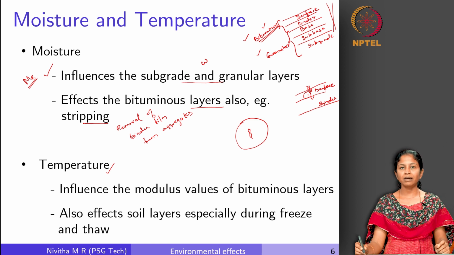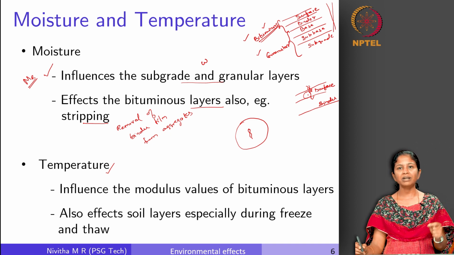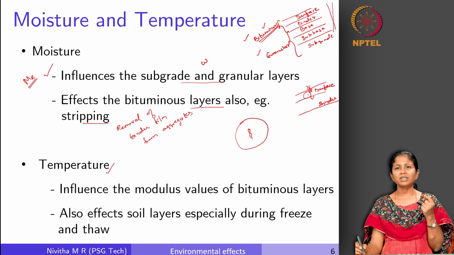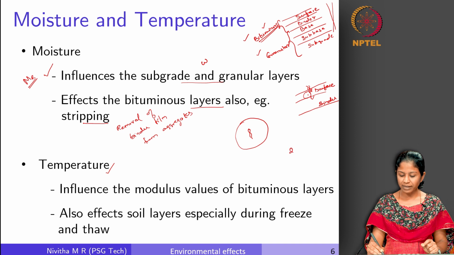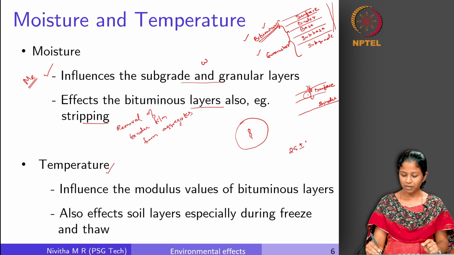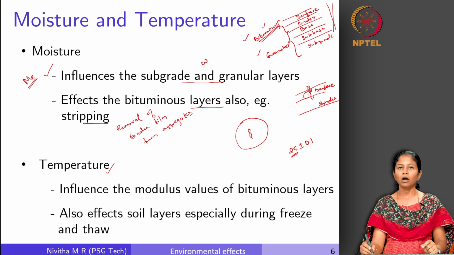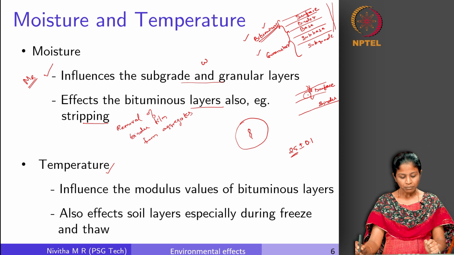We have seen earlier that for testing of bituminous materials, whether it is the resilient modulus or the dynamic modulus test, maintaining a precise test temperature is very important. Most test procedures will say 25 plus or minus 0.1, that is, a maximum of 0.1 degree variation will be allowed for all tests on bitumen. This is because temperature has a significant effect on the modulus parameters.